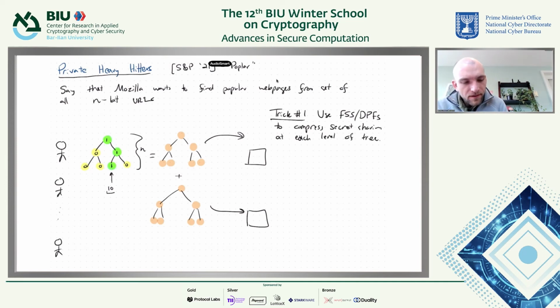So instead of sending secret shares of each value in the tree, we can observe that if you look at the values of these nodes, there's 0 everywhere except 1 at a single location. And this is exactly what distributed point functions give you, a way to succinctly secret share vectors of exactly this form.